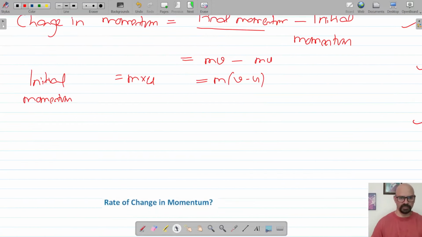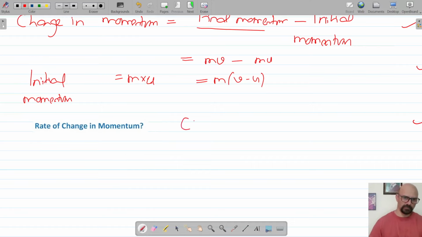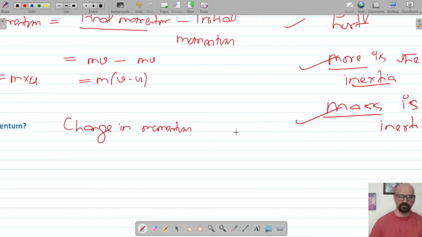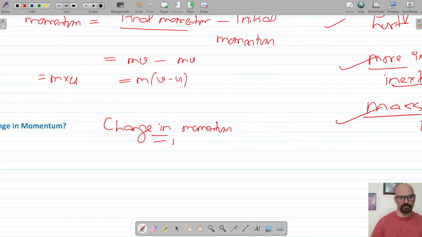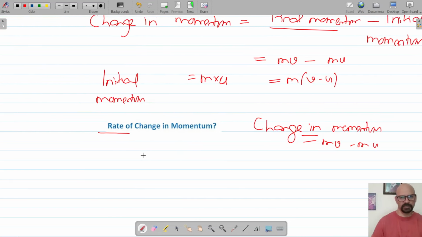Next is the rate of change of momentum. Okay, we know that the change in momentum is given by final momentum, which is mv, minus initial momentum. Now, the rate of change of momentum means we have to divide the change in momentum by time.